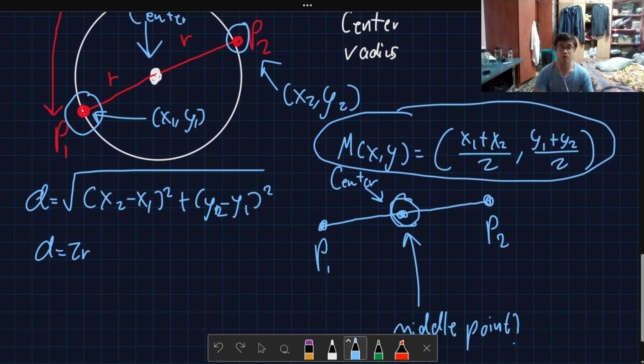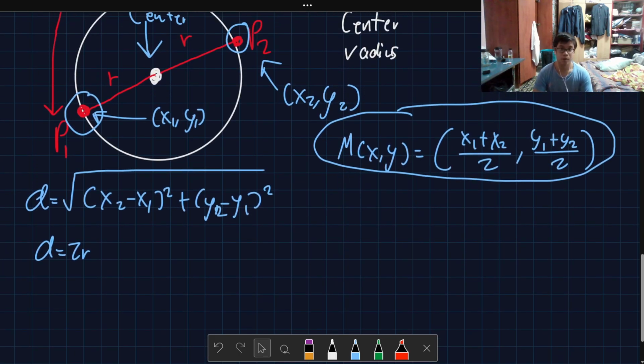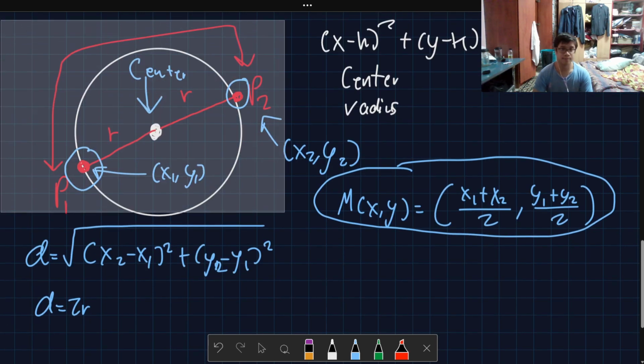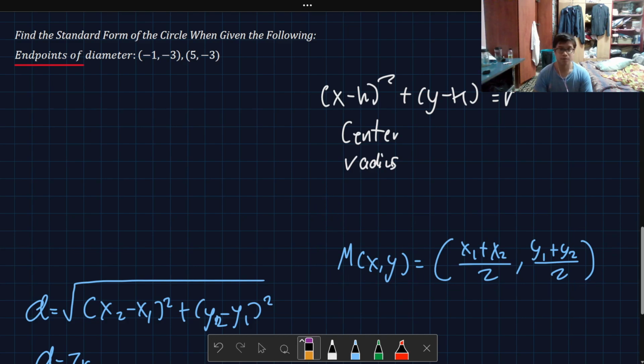So without further ado, let's now solve the problem here. Let me just erase this, except the formula though, because we're going to need it.